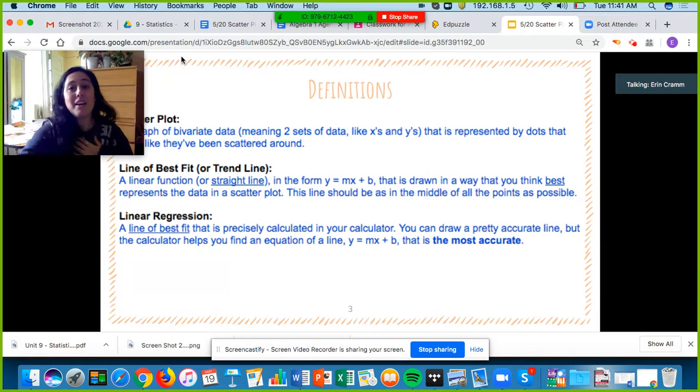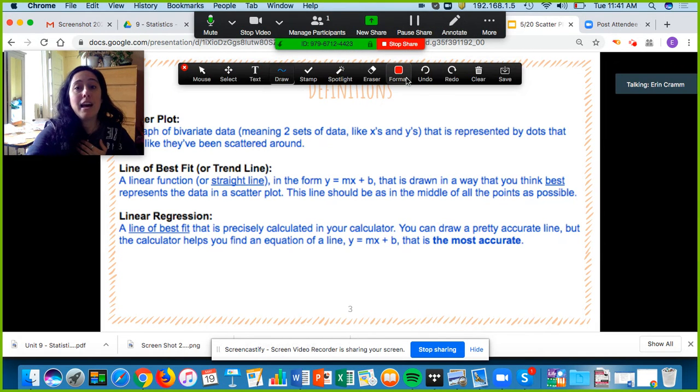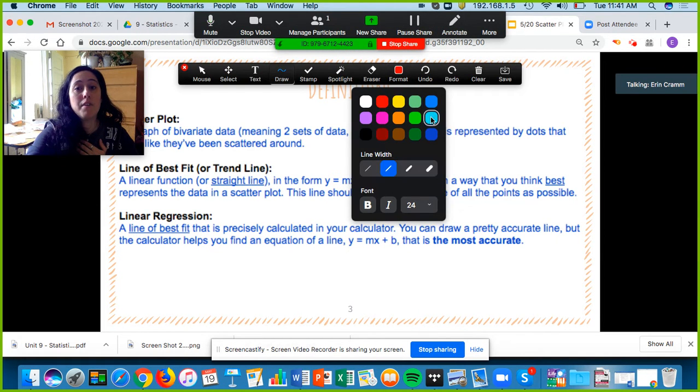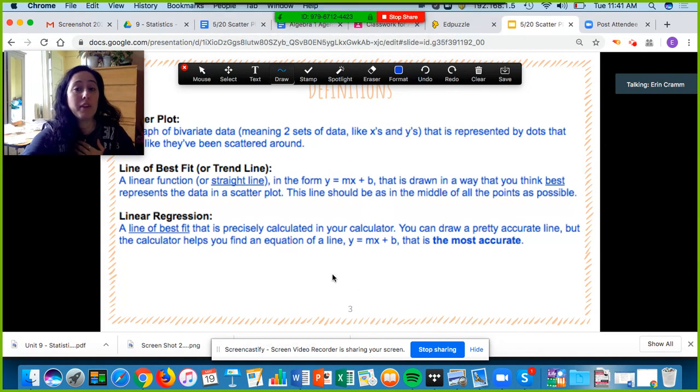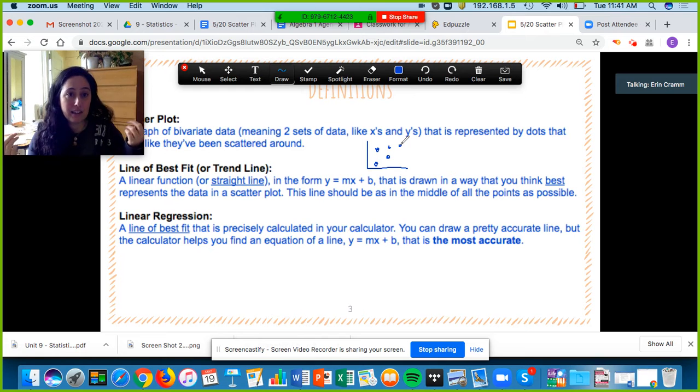But in a scatter plot, we really have more of just a point here and a point there. So I would have an X and a Y axis, and instead of a straight line, I might have a point here, a point over here, a point there, right? So not exactly straight. It's kind of scattered around, which is how it got its name.